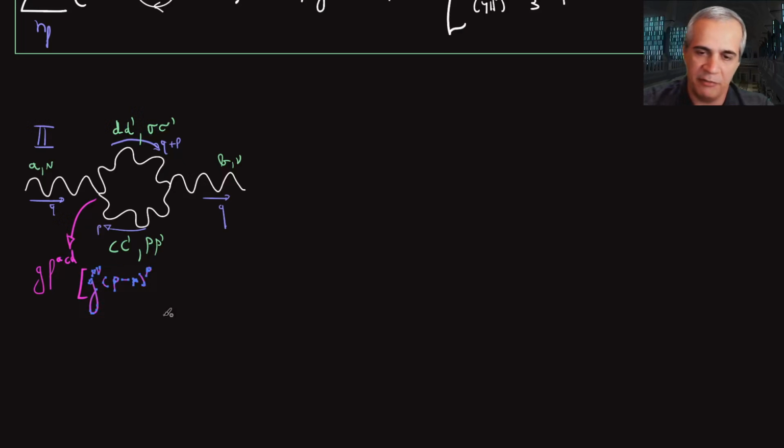You have some very complicated thing here that contracts these mu, sigma, and rho indices in a very symmetric way with these 3 momenta that go into the vertex.